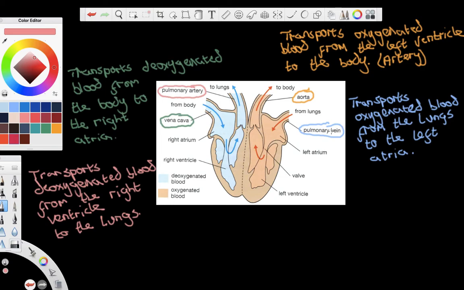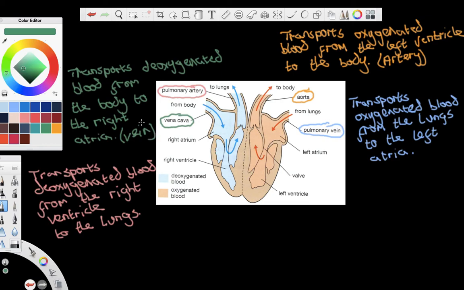You need to know about the pulmonary vein, the aorta, the pulmonary artery, and the vena cava. The pulmonary vein transports oxygenated blood from the lungs to the left atria. The aorta transports oxygenated blood from the left ventricle to the body. It is an artery, although it doesn't have it in the name. The vena cava transports deoxygenated blood from the body to the right atria. Now that is a vein. Just because it doesn't have it in its name doesn't mean that it isn't one.